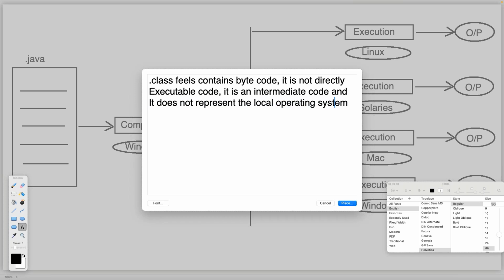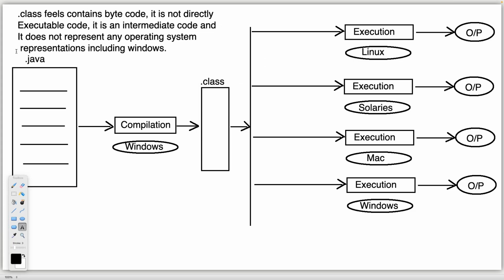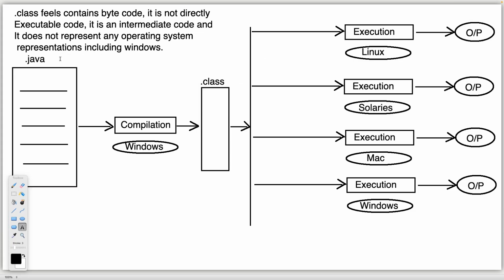It doesn't have any local operating system. It does not represent any operating system, any operating system representations, including Windows. It doesn't have any operating systems, including Windows. Observe carefully. Now this is exactly the information about the dot class file.